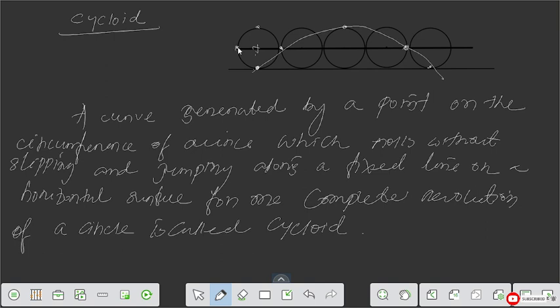If the point is on the circumference, the curve is called cycloid. If the point is inside the circle, not on the circumference, it is called inferior trochoid. And if the point is outside the circumference, it is called superior trochoid.